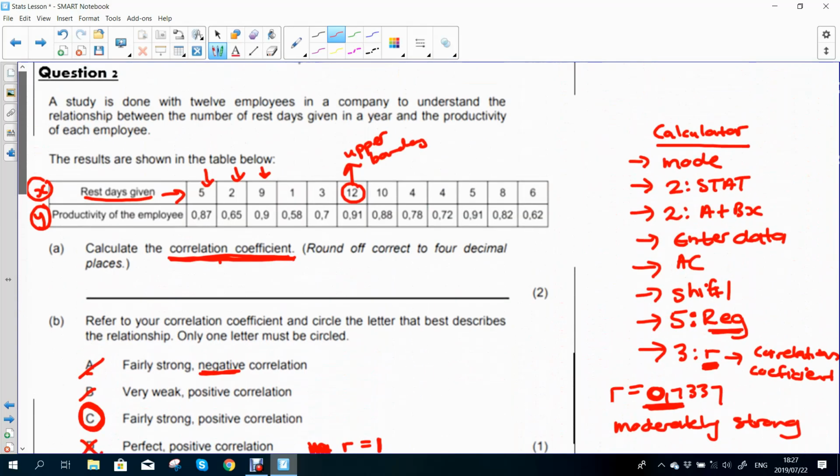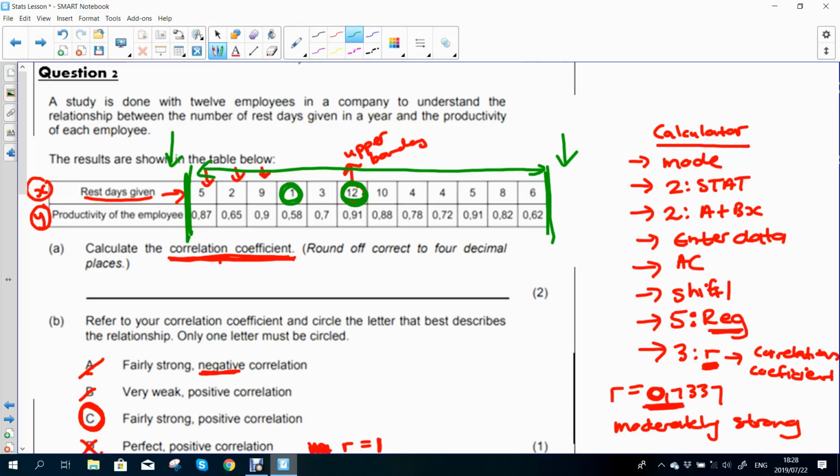Grade 12s, you need to understand that the equation that you just created is using the values in this table only. So any prediction outside of the boundaries of the maximum and minimum values that you have in this row, outside of it, you cannot trust, because you don't know what the trend does after 12, and you don't know what the trend does before 1, okay, because 1 is your lowest number.